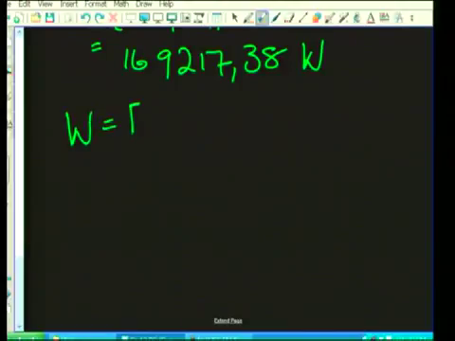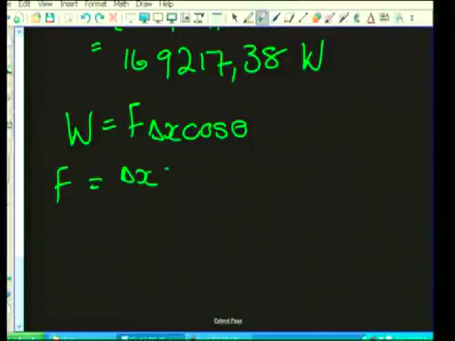Grade 12s, you are more than welcome to put the calculation for force into your power equation. So what I'm saying to you is, if work equals force times delta x cos theta, then force would be work over delta x cos theta.